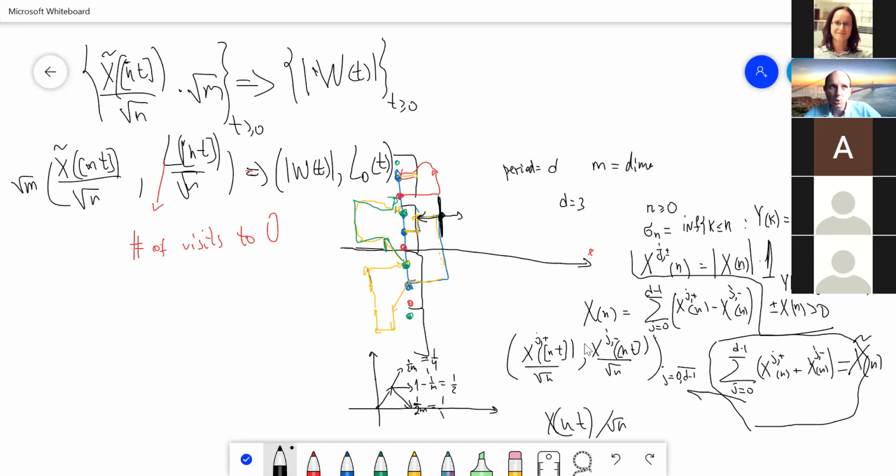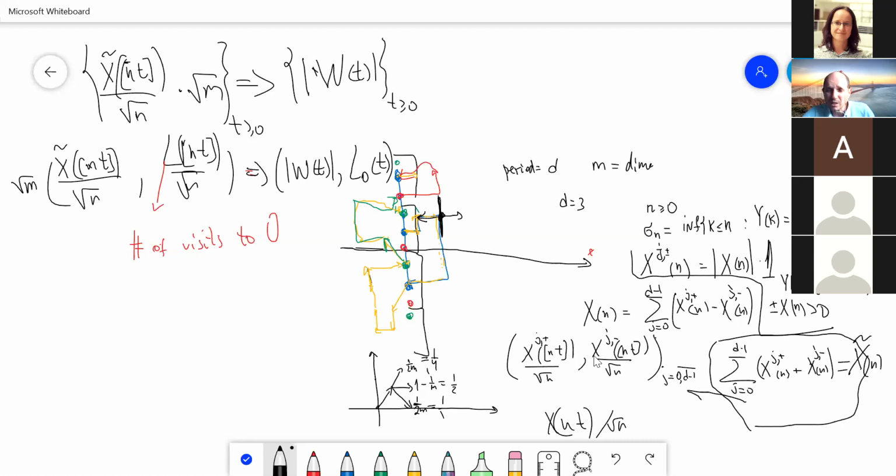I would like to make one remark about weak relative compactness. So this sequence is weakly relatively compact in Skorokhod space, and any limit point is a continuous process. To show weak relative compactness, we have to study the modulus of continuity.